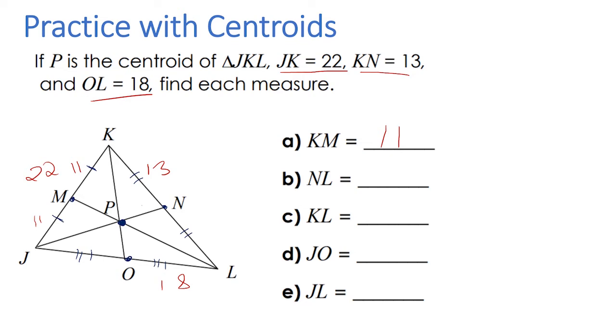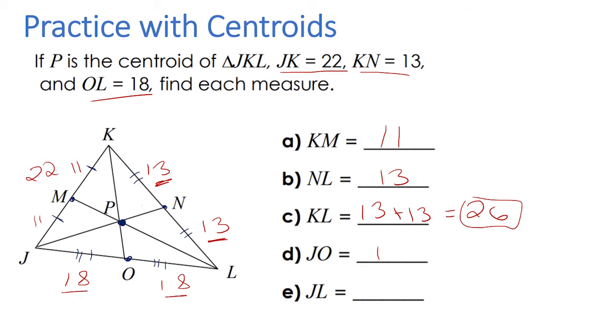NL is congruent to KN, so NL would also be 13. Let's look at KL. Since KN is 13 and NL is 13, we add 13 plus 13 to get 26 for KL. What about JO? JO is congruent to OL, so JO would be 18.